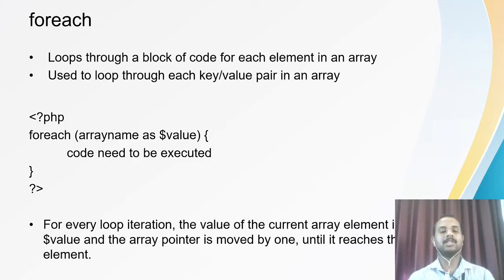In the second iteration, the second value will be stored, and in the third iteration, the third item, the third index or key, will be stored in the value.